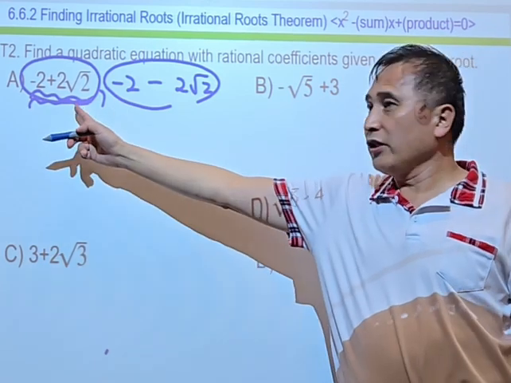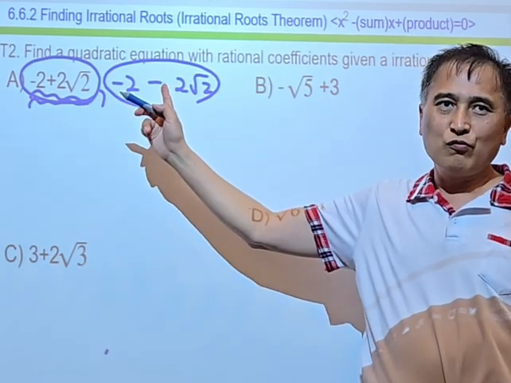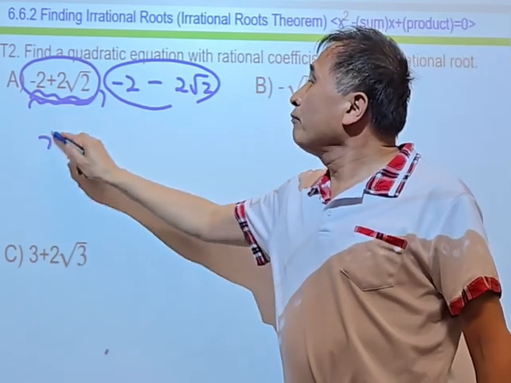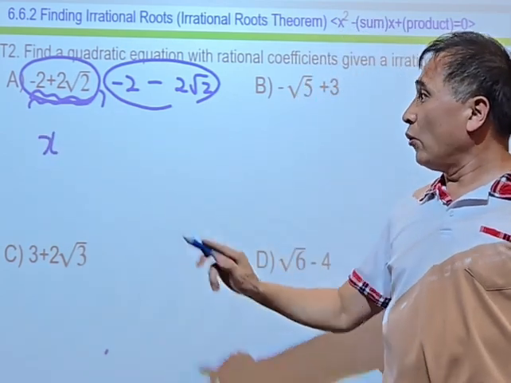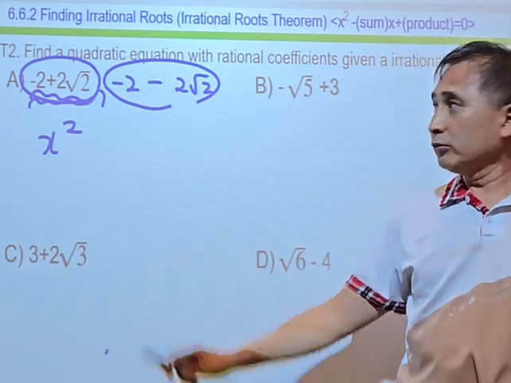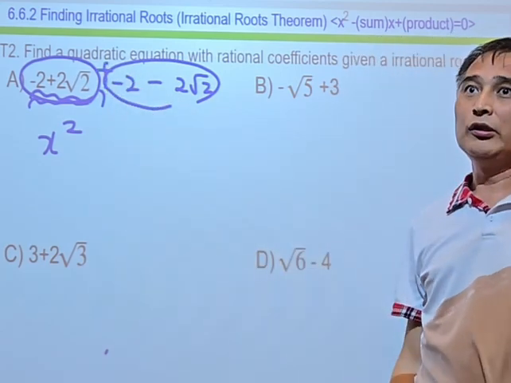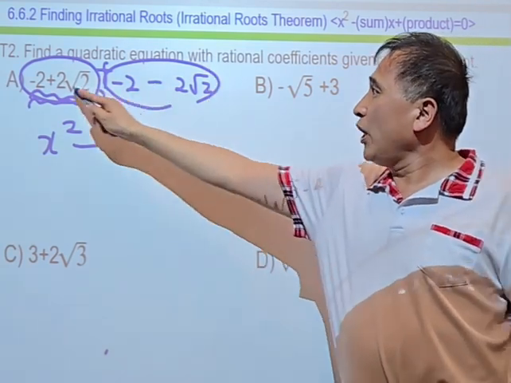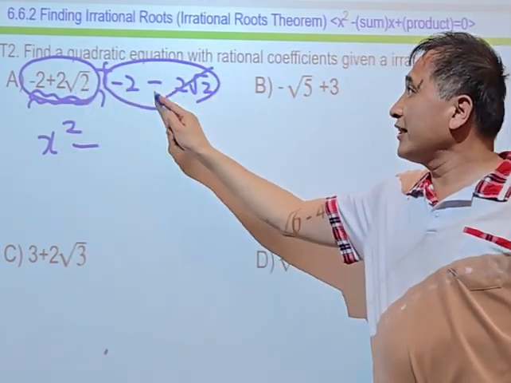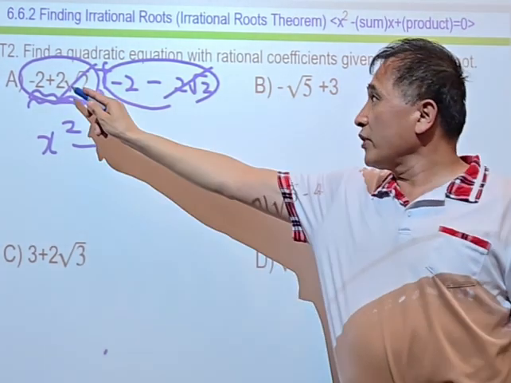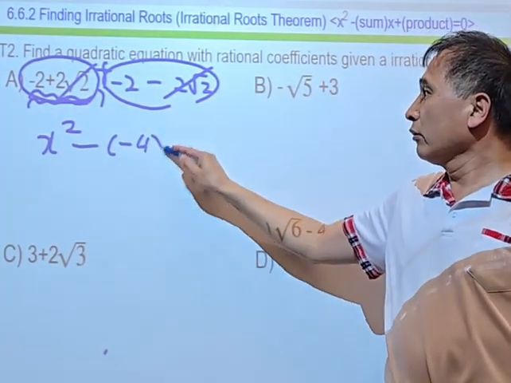That means if this is a zero, the other one should be a zero. This works really well. So, x squared. Now let's find the sum. Sum means you add these two numbers, then minus the sum. The plus root 2 and minus root 2 cancel out, so the sum is just negative 4.